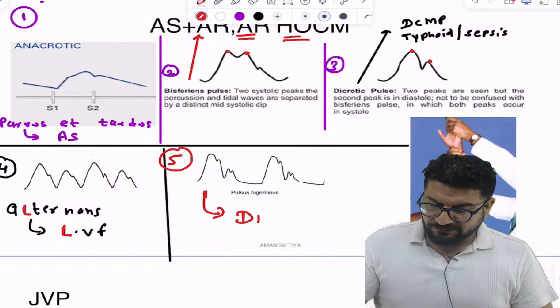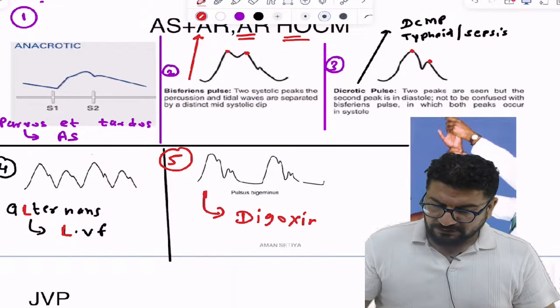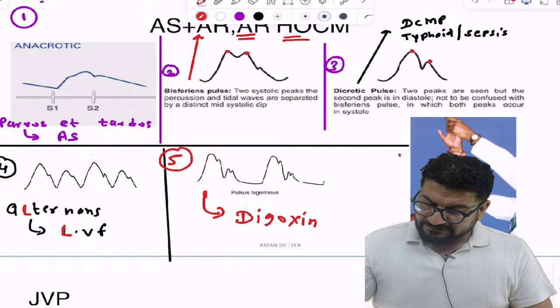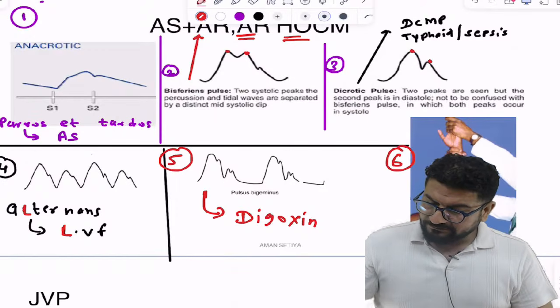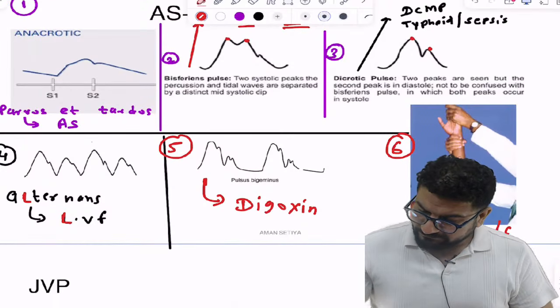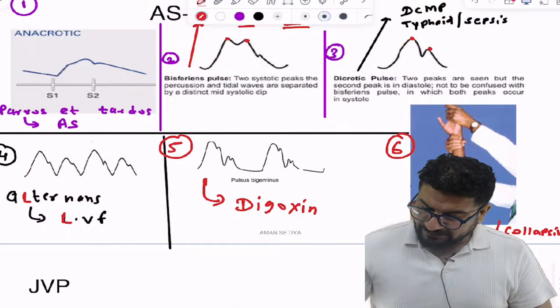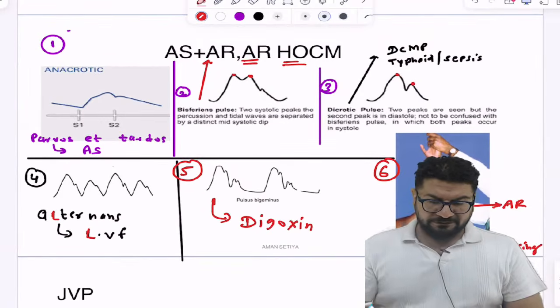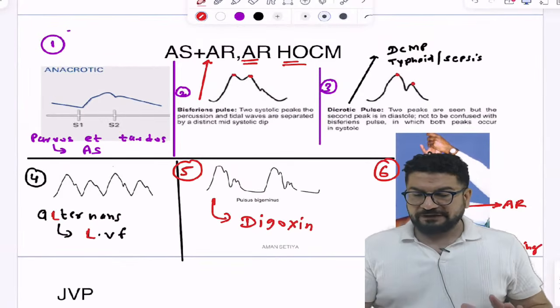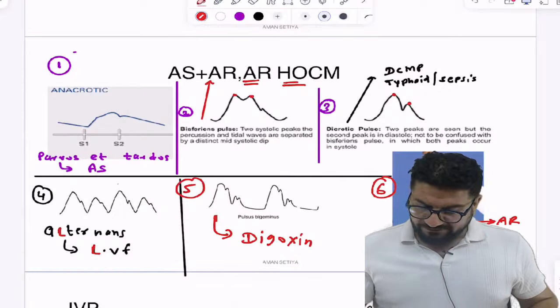It is seen due to digoxin toxicity. The sixth pulse, we call this Corrigan pulse, or collapsing pulse. What else do we call this? Water hammer pulse, and this is seen in a patient of AR. So in a single line you can see all the pulses I have covered. A very important slide of pulse, very important.